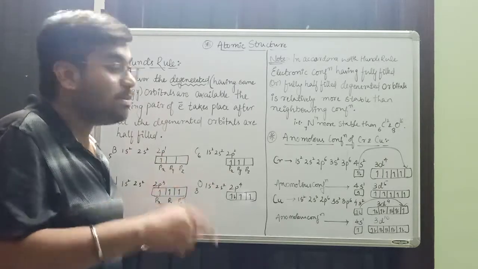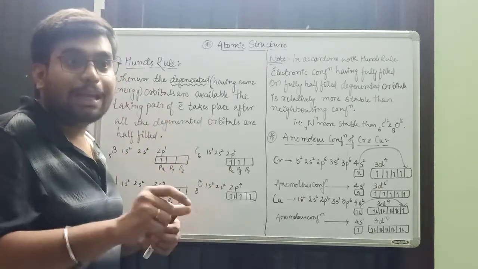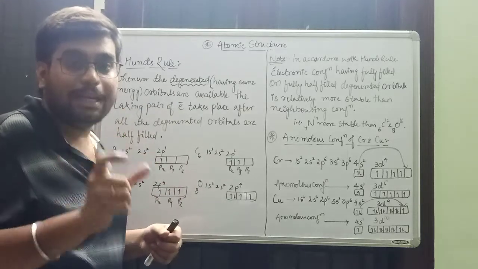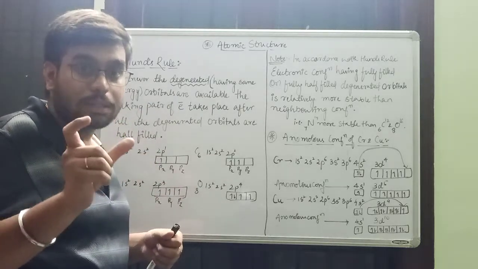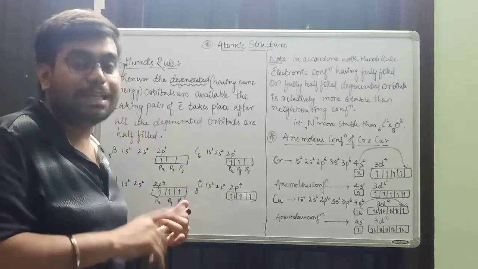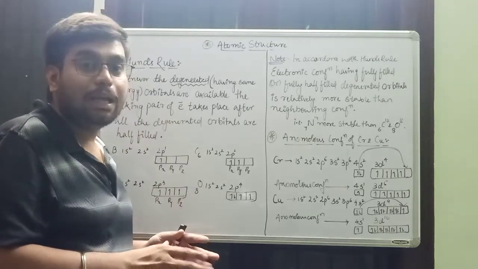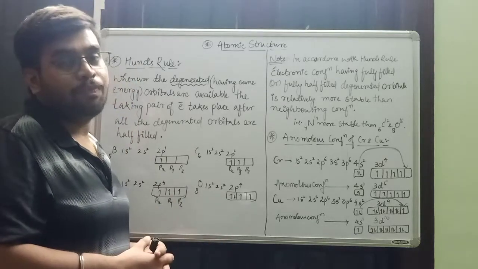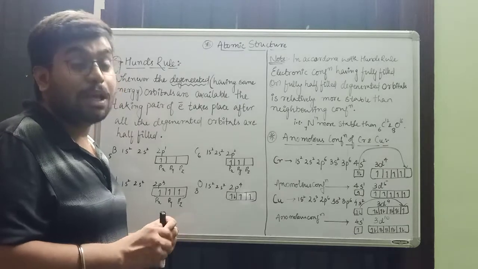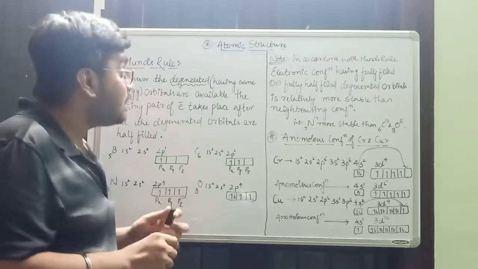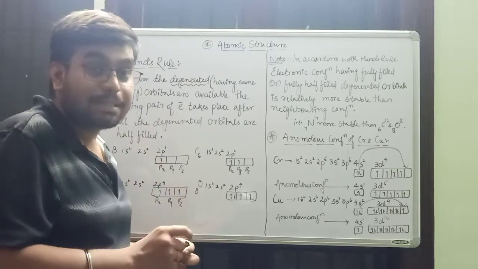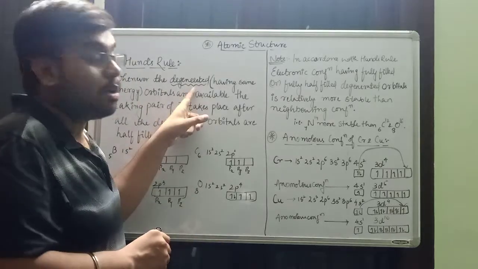All those 3 orbitals px, py, pz have the same energies. Orbitals having the same energies are named degenerate orbitals.